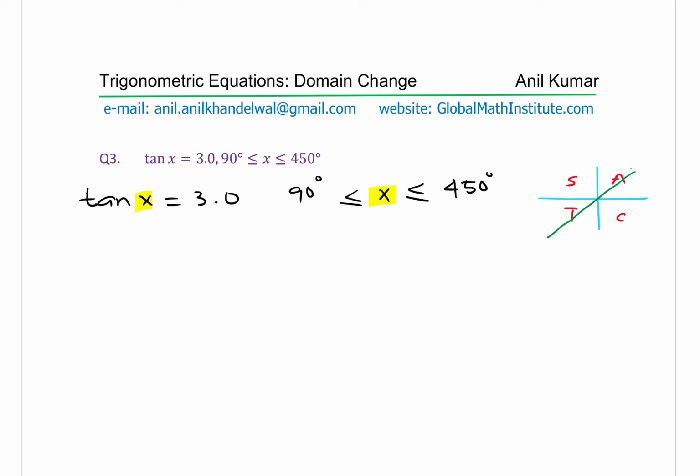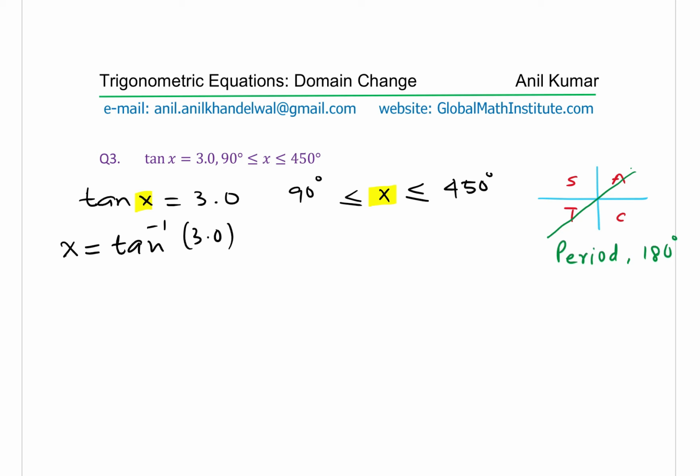Remember that the period for tan is 180. So we can actually use the calculator to find this answer. Tan x is this. What is x? X is arctan, or you can say tan inverse of 3.0.